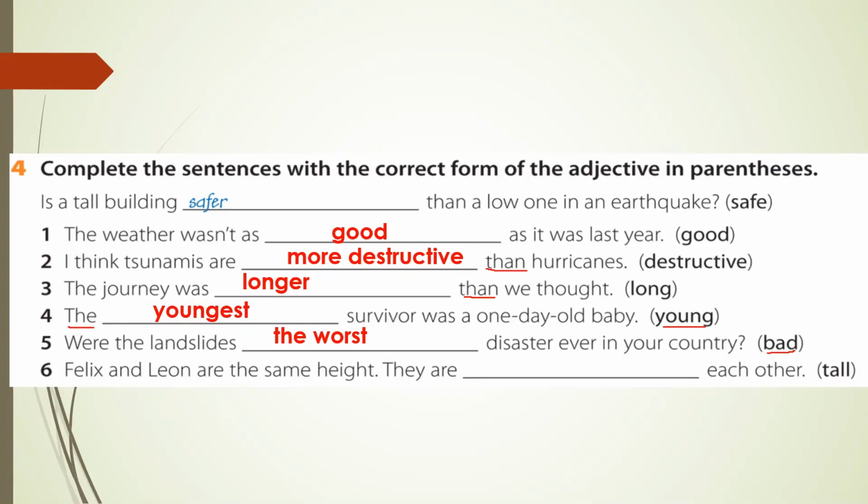One of them is not tall in comparison to the other, so they have the same height, the same altura. So here I'm using equality for comparison, right? That's why this word tall will be between the two words as, so they are as tall as each other. It means they have equal heights.